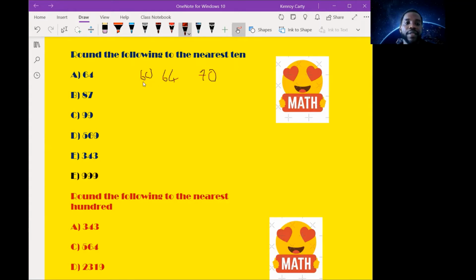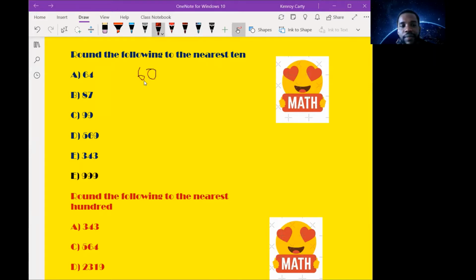Is it closer to 60 or to 70? We can easily check. 64 minus 60 is 4 and 70 minus 64 is 6. So 64 is closer to 60 than to 70. Right away, I know that 64 to the closest 10 would be 60.